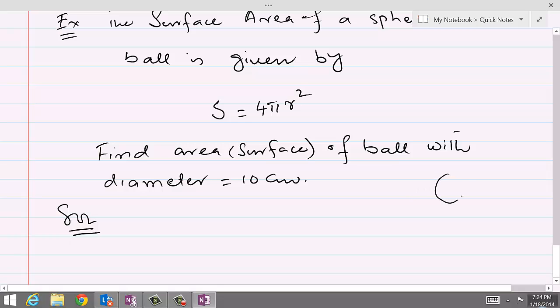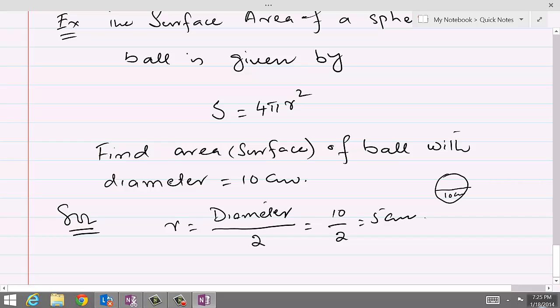So if there is a ball that has a diameter of 10 centimeter, we know that radius is half of the diameter. So in fact 10 over 2 is equal to 5 centimeter, which is the radius.